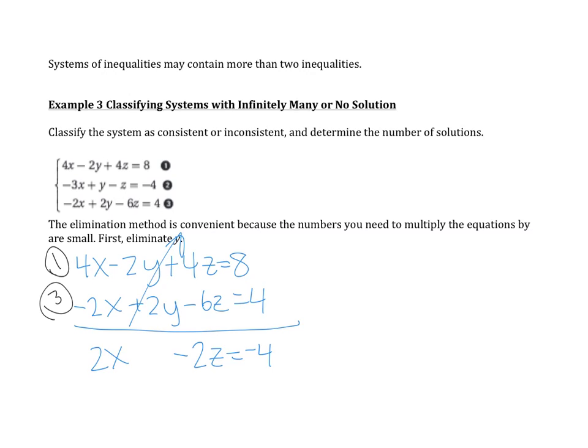Now we need to do the same thing, eliminate y's from two other equations. So I'm going to take equation 1 and equation 2. I'm going to multiply equation 2 by 2.